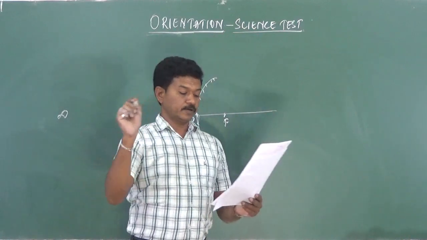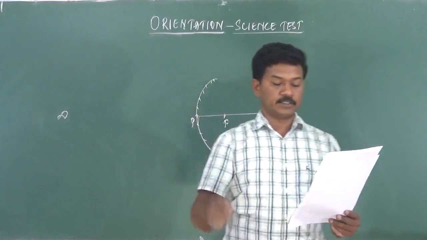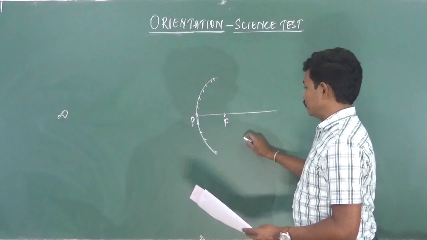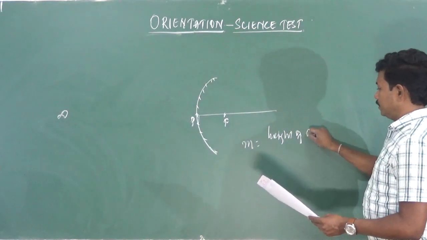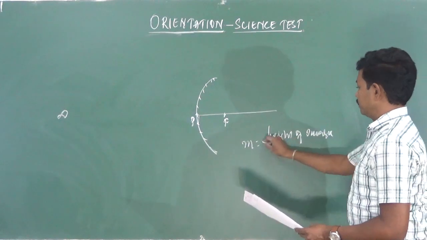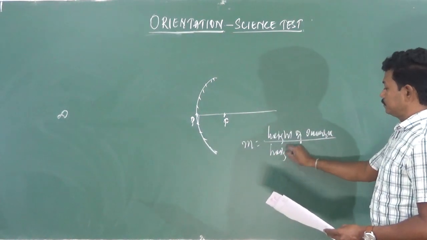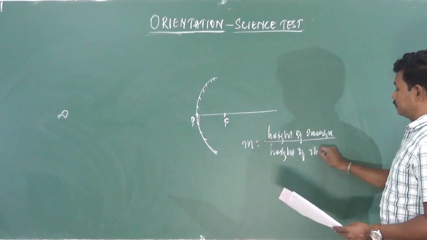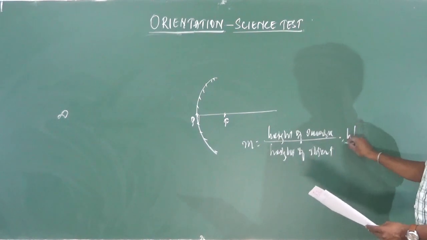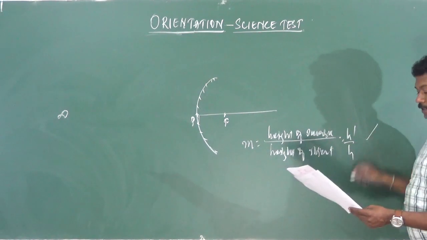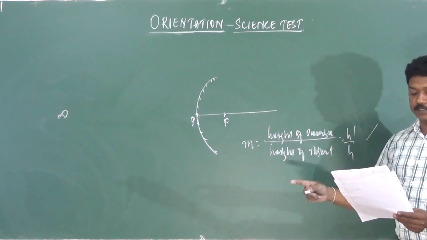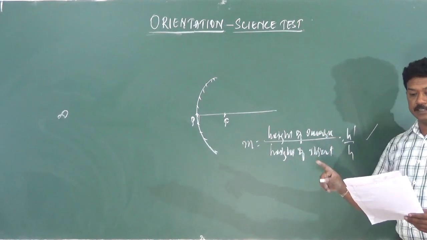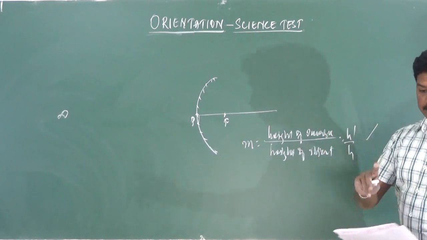If h is the height of the object and h dash is the height of the image, then m is equal to height of image by height of object, that is h dash by h. This is one of the ways.